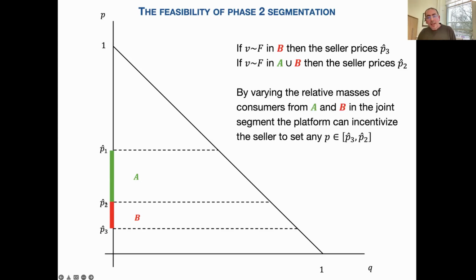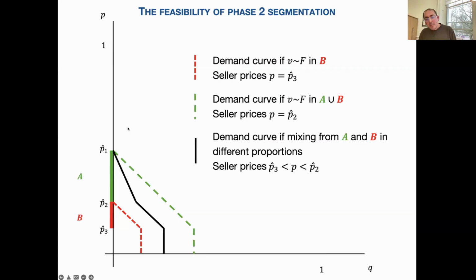Okay? So now what I can do is create markets. These are going to be this market here, where I take all the red and I add a bit of green. By doing this, I'm going to move the demand from being red or green to this middle demand here, which means that I'm going to move the price from P at 3 to anything that I want up to P at 2. If I create a market where I only put the green, I get P at 2. If I only have the red, I put P at 3.